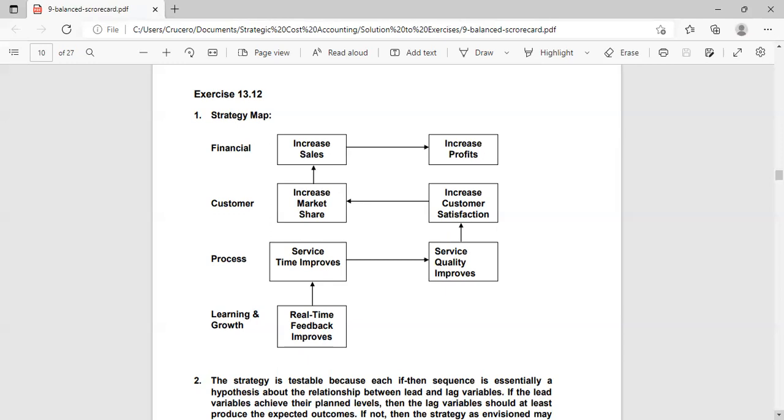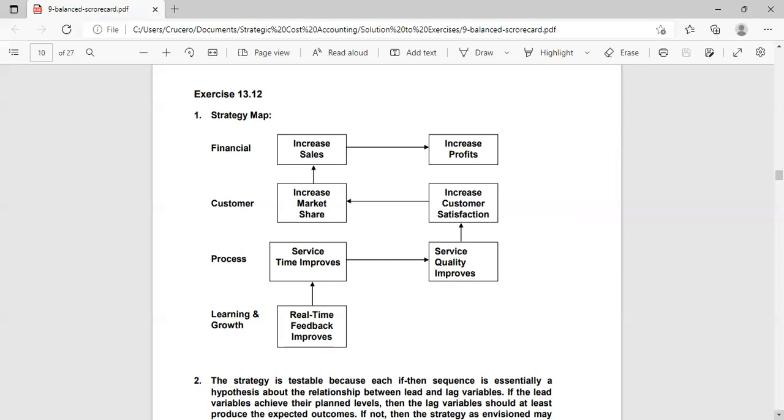So we have now to prepare a strategy map where cause and effect relationships are being emphasized. Okay. So for the strategy map: financial, customer, process, and learning and growth.